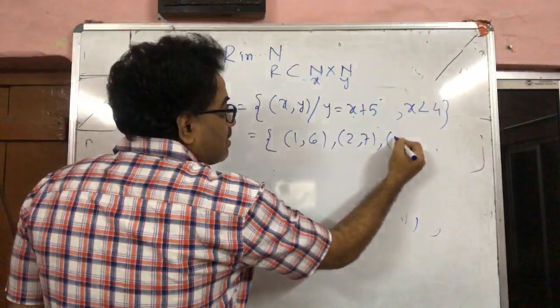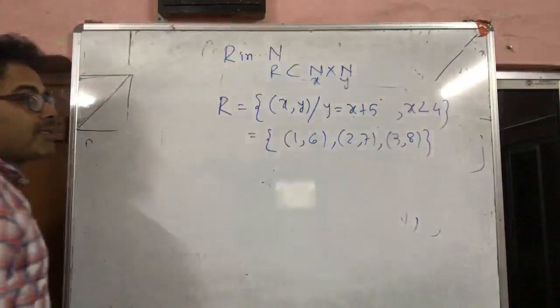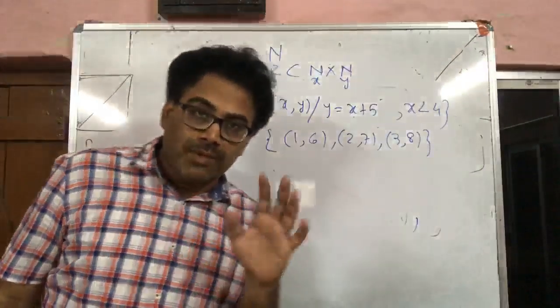Then 2, 7, and 3, 8. Finish. The last value of x is less than 4, so 3.